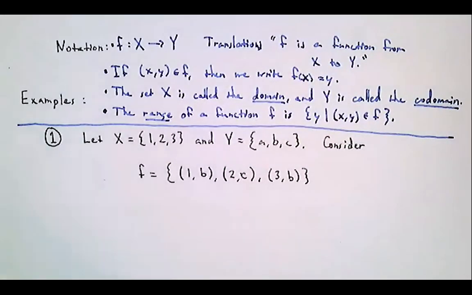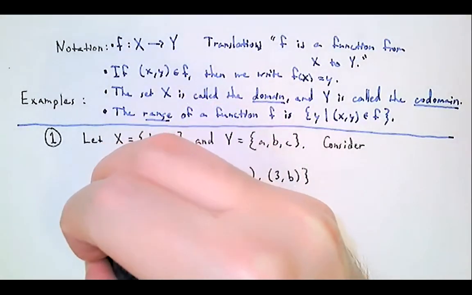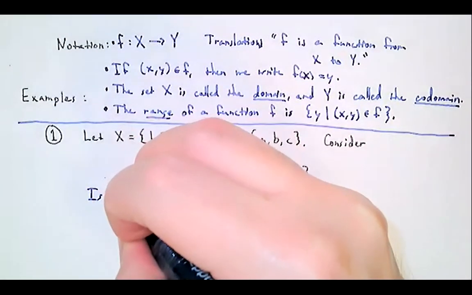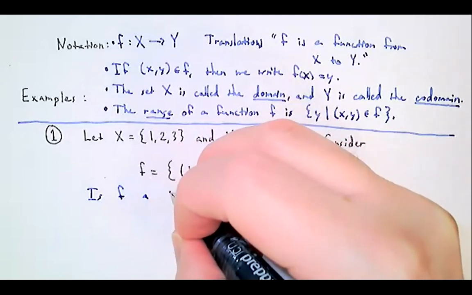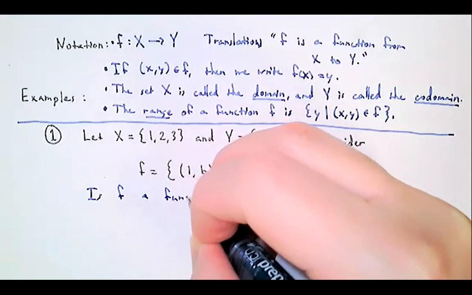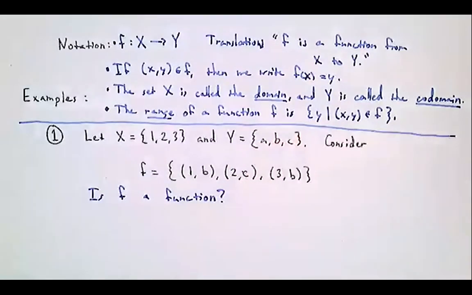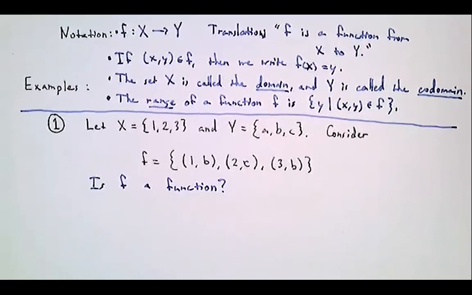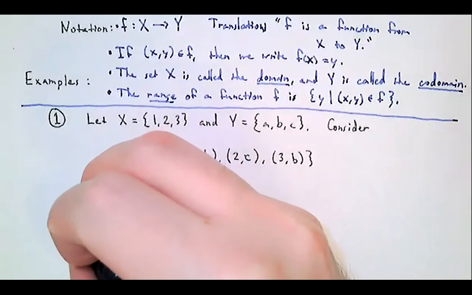And what I want to do in this example is just determine if f, the set of ordered pairs, is actually a function. And the way we're going to answer this is using what's called an arrow diagram.